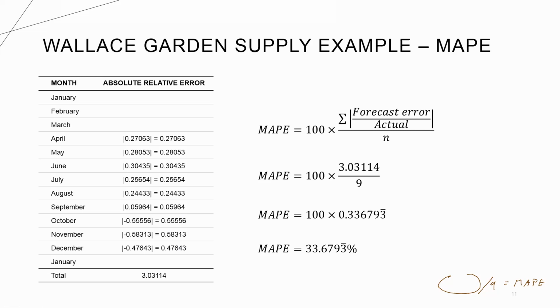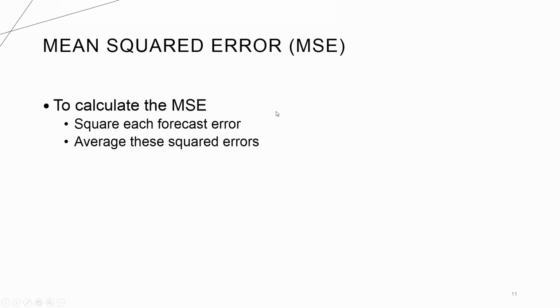So we have these two methods so far, the MAD and the MAPE. And to this, we're going to add one more method, which is the mean squared error. So with the mean squared error, we're going to square each forecast error, and then we're going to average the squared errors. Okay, so this time we're back to something similar to MAD. So let's say you have this forecast method 1 gets you errors of 10 and 10.